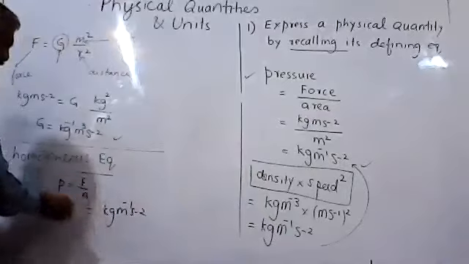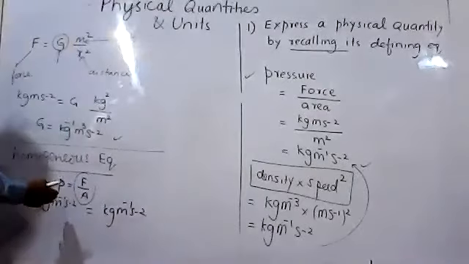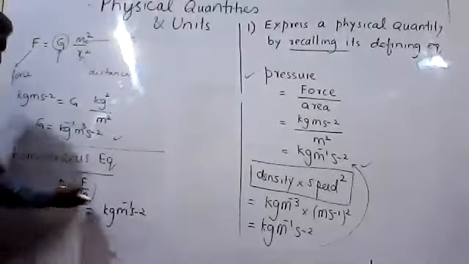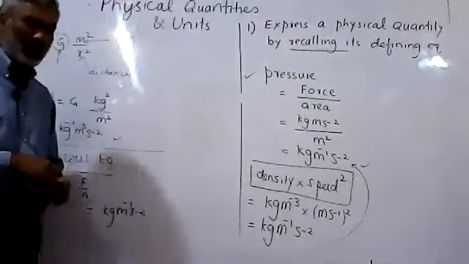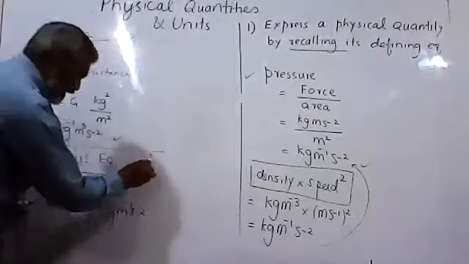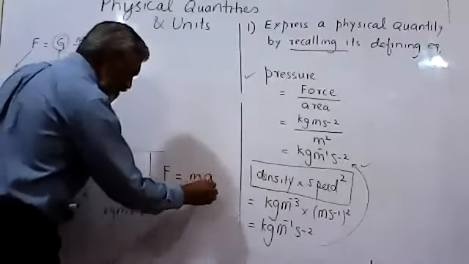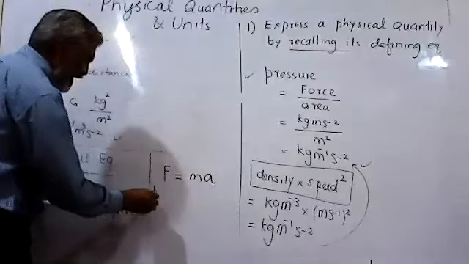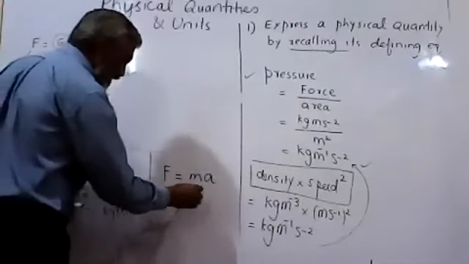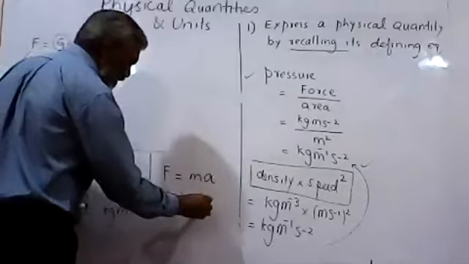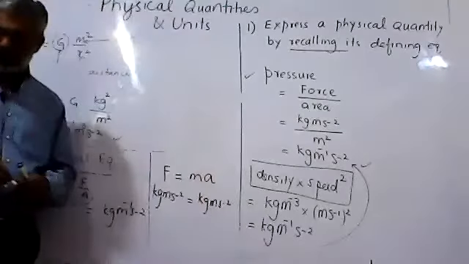All this simplifies to this form. So if we have the same dimensions on the two sides of the equation, then the equation is said to be homogeneous. Similarly, F is equal to ma is homogeneous because F is kilogram m s to the minus 2, and this is kilogram m s to the minus 2. So it is homogeneous.